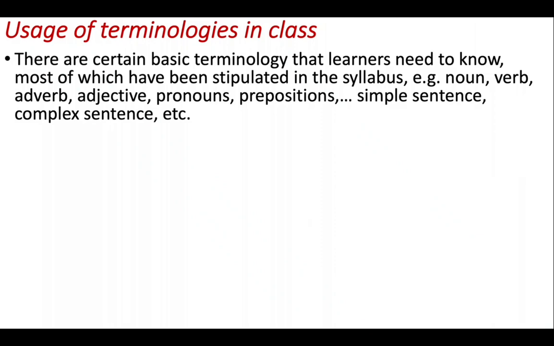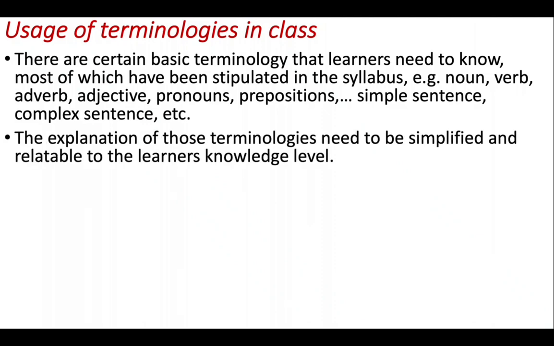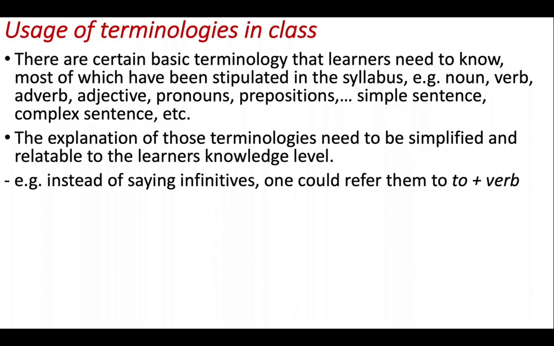But then there are certain terminologies that are too technical that the learners do not really need to know, but they just need to know the function. We really need to make sure that they are well explained and simplified and relatable to the learners and to their knowledge level. Instead of, let's say, saying infinitives, you could refer to them as two verbs, like to eat, to run. Or instead of saying progressive verbs, you say the ing verbs.